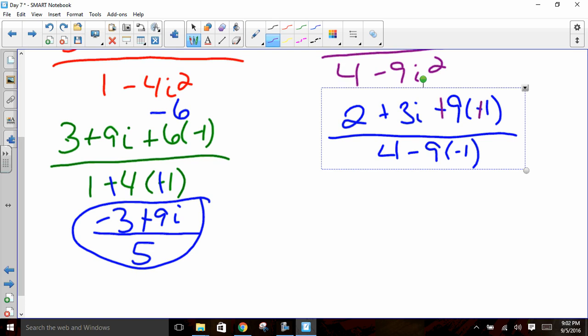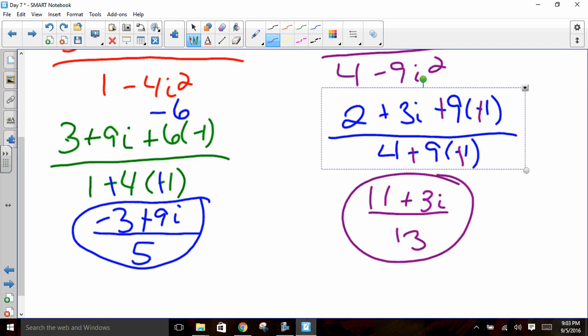Negative, negative turns positive, so then I get 2 plus 9, which gives me 11, plus 3i, all over 4 plus, again, plus 9, which gives me another 13. So I have 11 plus 3i, all divided by 13.